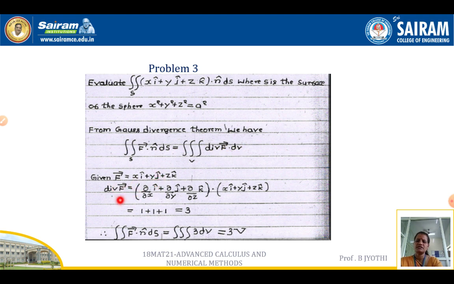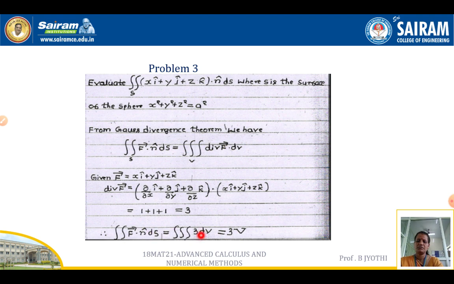Given f equals xi plus yj plus zk, div f is given by dou by dou x of i plus dou by dou y of j plus dou by dou z of k, dot with xi plus yj plus zk. That is given by 1 plus 1 plus 1, which is 3.